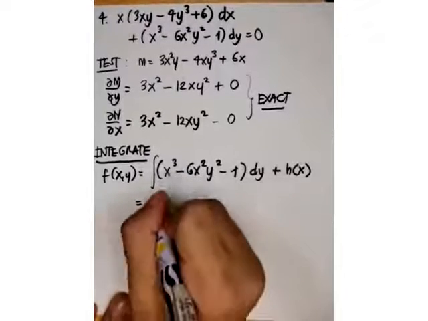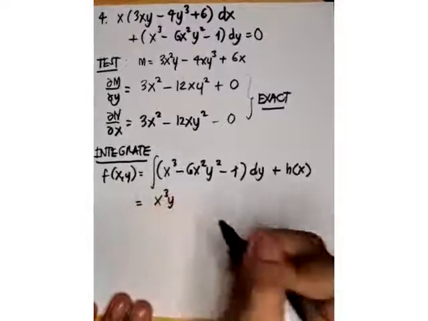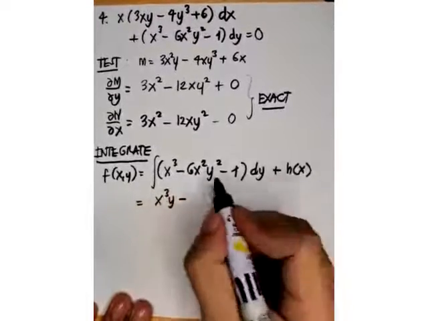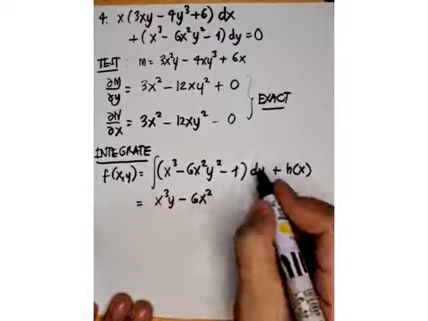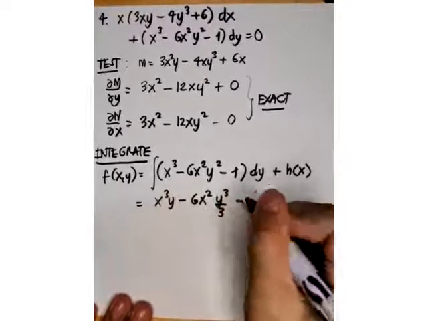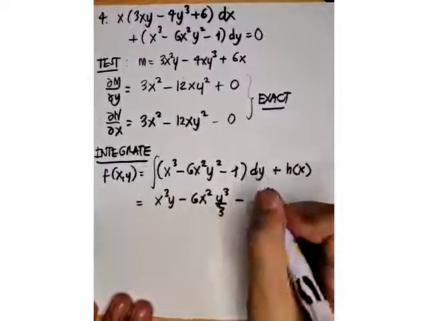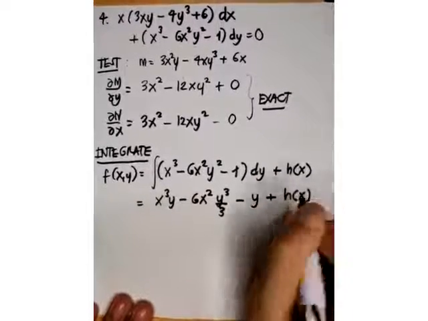So parang constant ito, we'll just copy. And then the integral of dy is y. Ayan. So minus, say 6x squared is a constant. So anong integral ng y squared dy? So that's y cubed over 3 minus 1. So integral ng dy is y plus h of x.